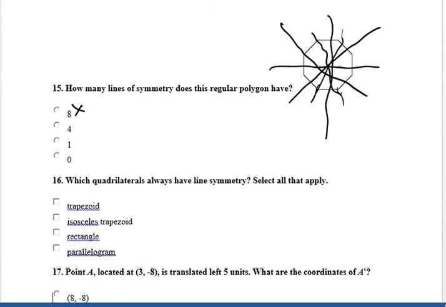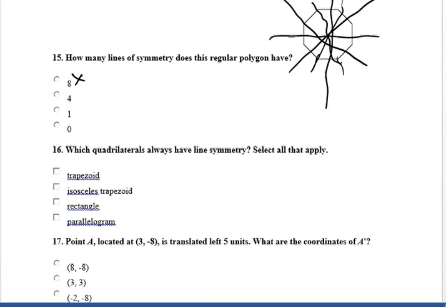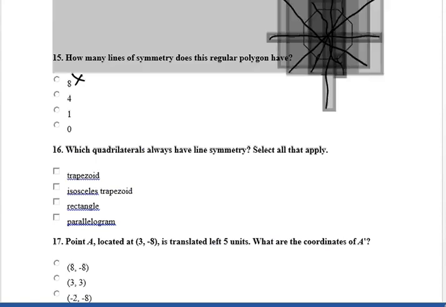So which quadrilaterals always have lines of symmetry? Select all that apply. So a trapezoid, that's one that I would say does not. Boy, my computer just stopped. I'm just going to draw it up here. A trapezoid is just 2 parallel lines, and they can go any way.